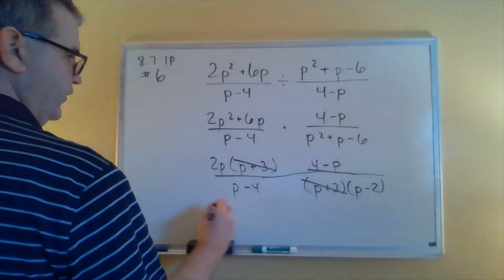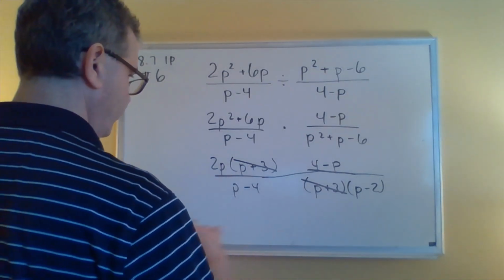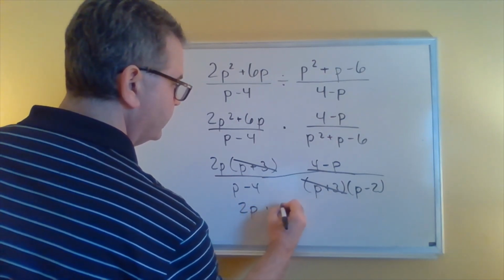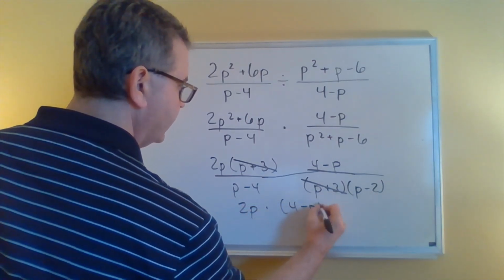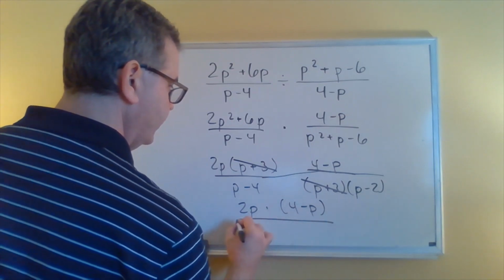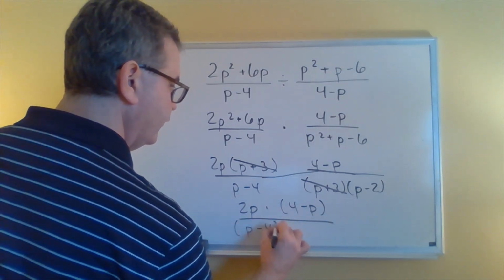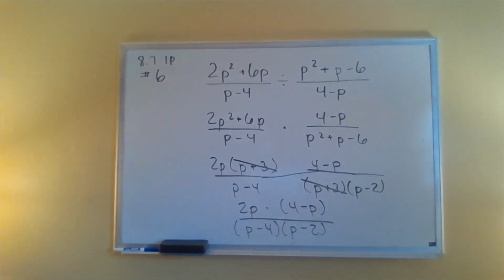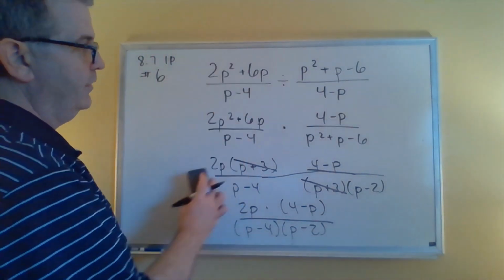So I'm going to rewrite this. Get some room here. So I have 2p times 4 minus p. That'll be over p minus 4, p minus 2. That's where I'm at right now. I'm going to pause and write this down if you need to.